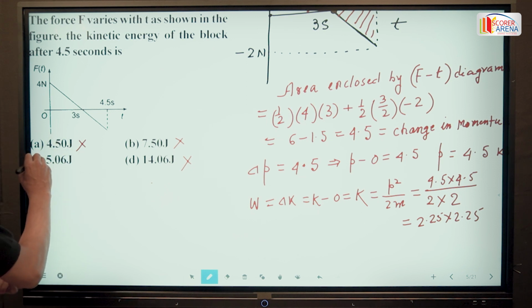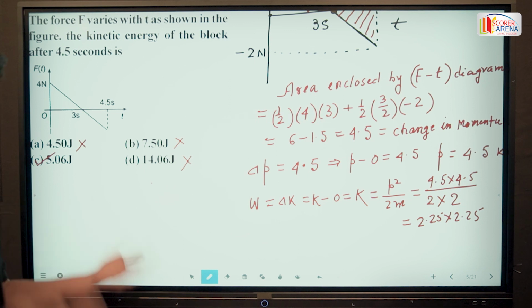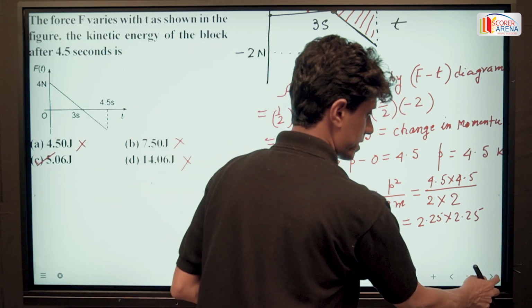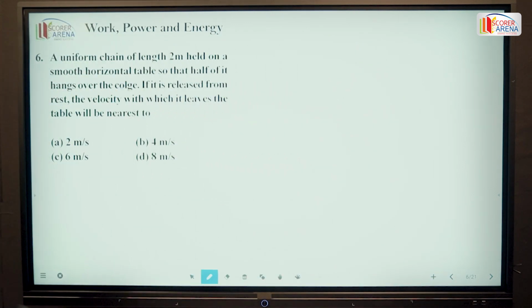is the right answer. So next problem of this video class: a uniform chain of length 2 meter is held on a smooth horizontal table so that half of it hangs over the edge.